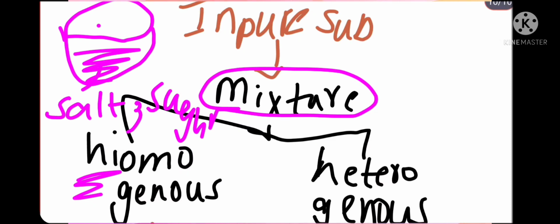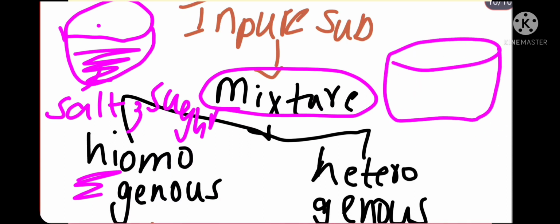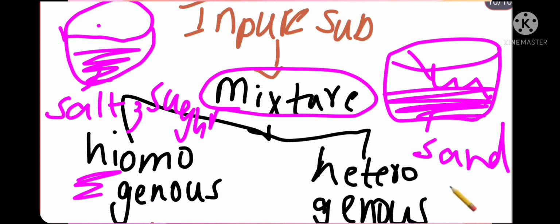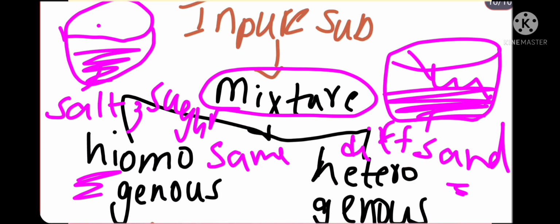Now the heterogeneous ones: in the same example, take a beaker, add water, and also add some sand particles. When you mix those two, you can separate the sand from the water by the process of filtration and so on. Here you can separate, but in the homogeneous case you can't, as they look the same, while here they look like different substances. So this is how matter is classified.